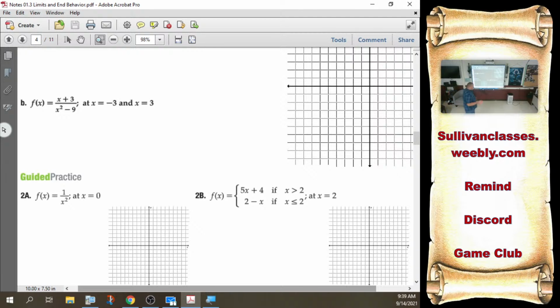It's this one. But it's just so different. I might just grab x equals 2. Should be less than or equal to.